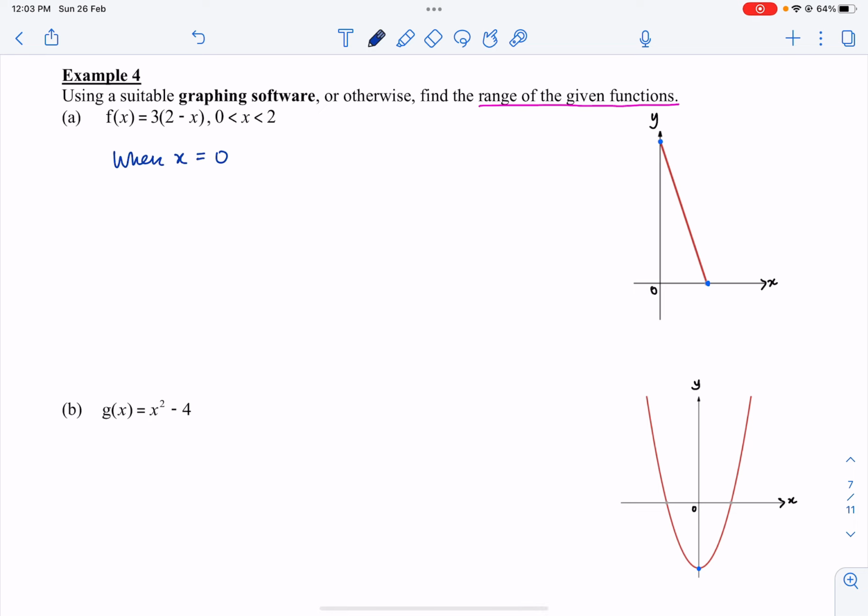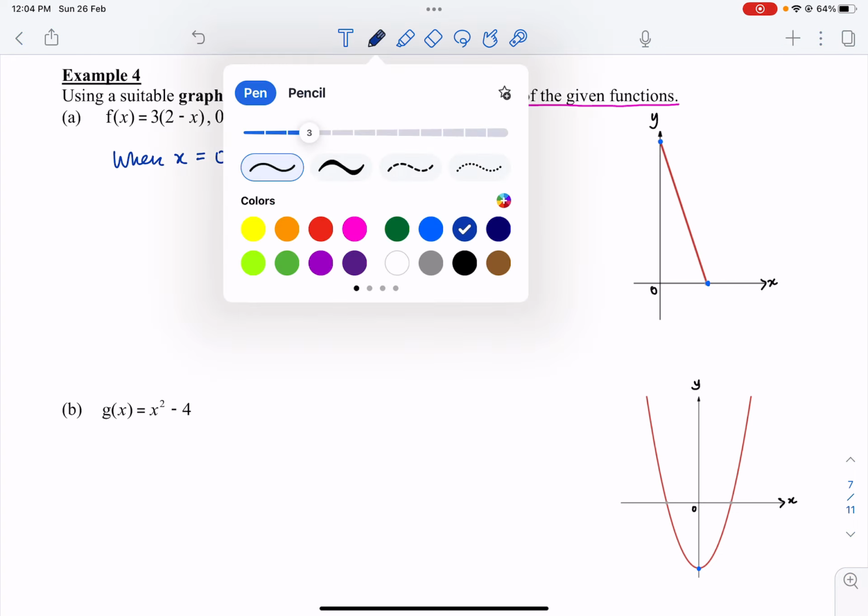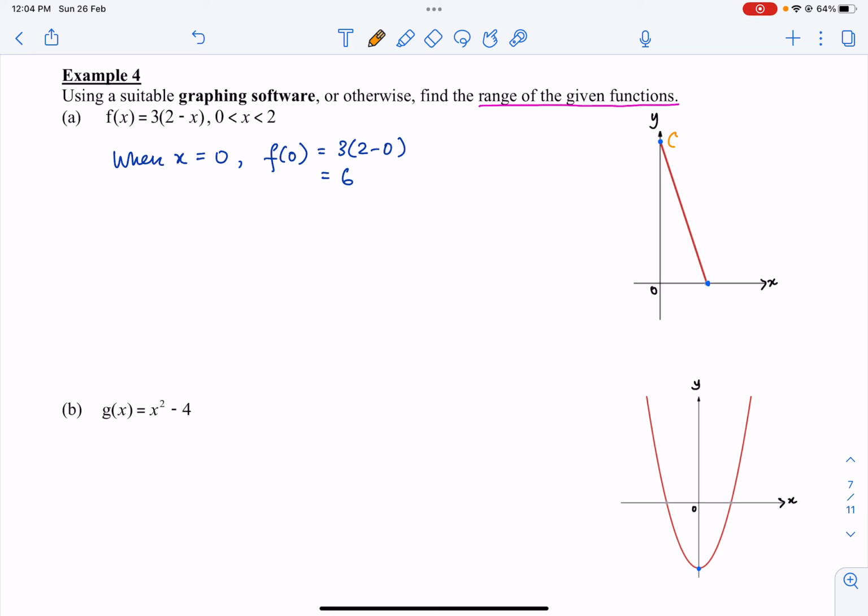So when x is equal to 0, f of 0 is equal to 6. So that is your y value. So the coordinates will be (0, 6).